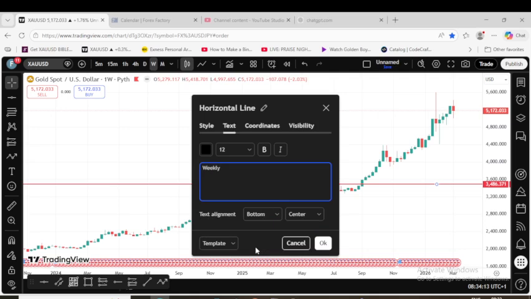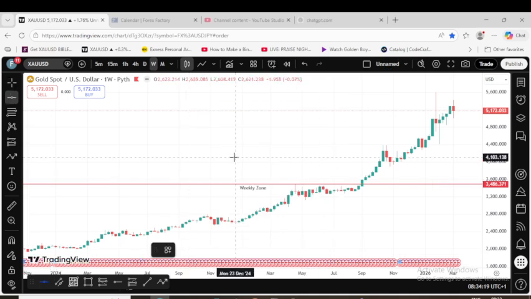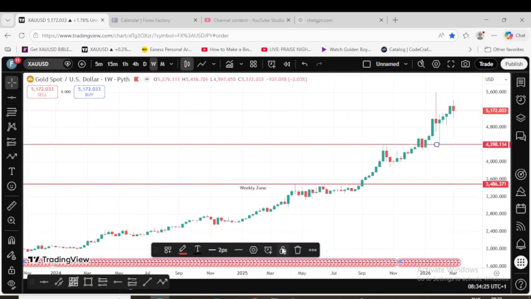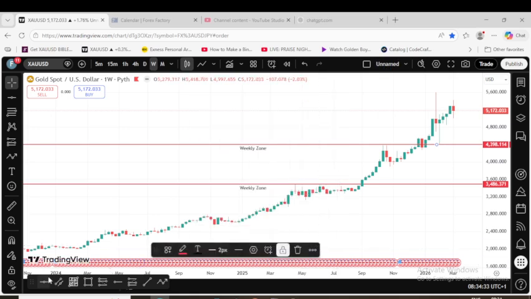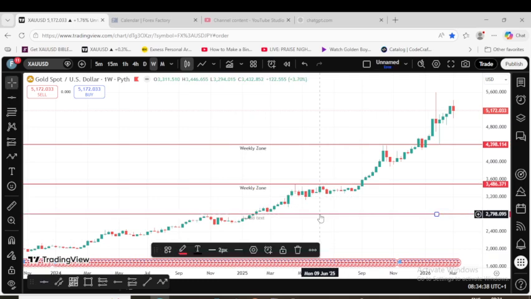Since we're starting our analysis on the weekly time frame, this next one is a weekly zone, or a weekly support and resistance level. Here we have another weekly zone. I believe there's a zone here.